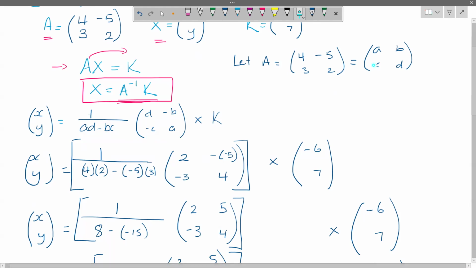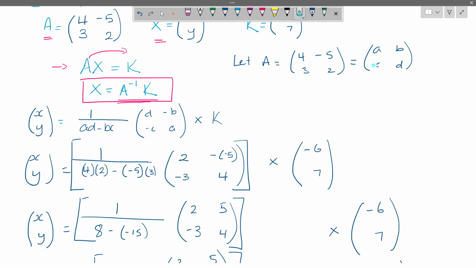All you're doing basically is taking your matrix A. I always put it equal to A, B, C, D. You want to visually see what it is you're doing, so you're giving your brain less things to work out. So writing the matrix A and putting it equal to A, B, C, D, you can easily see what A is, what B is, what C is, what D is.